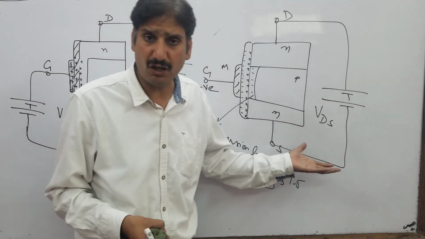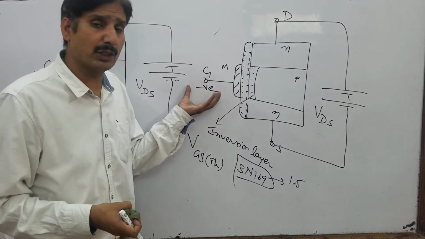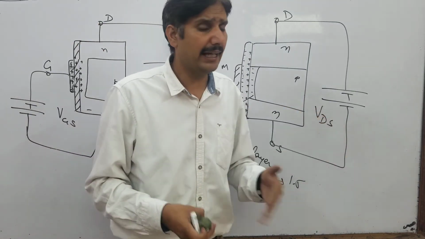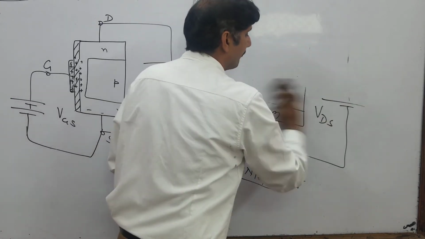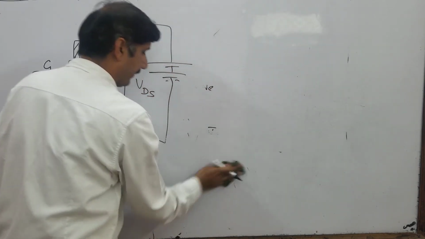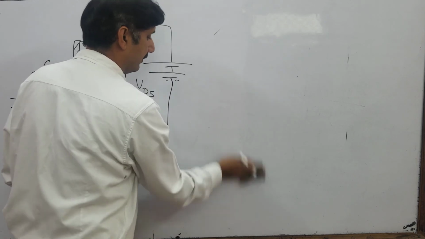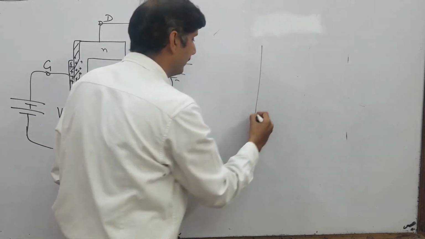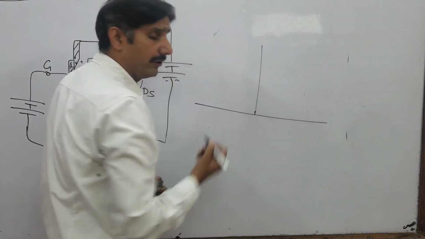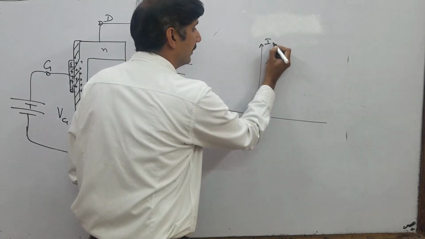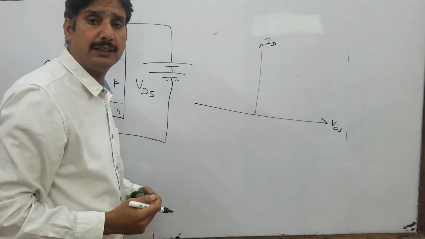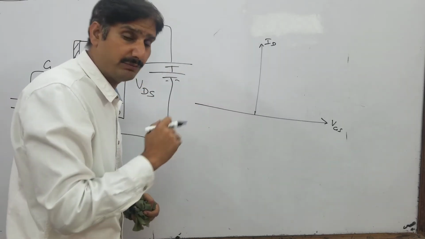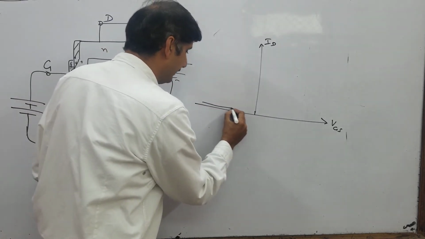Everything else remains the same, except that if you draw the transfer characteristics of an enhancement type MOSFET, you would get a curve like this.